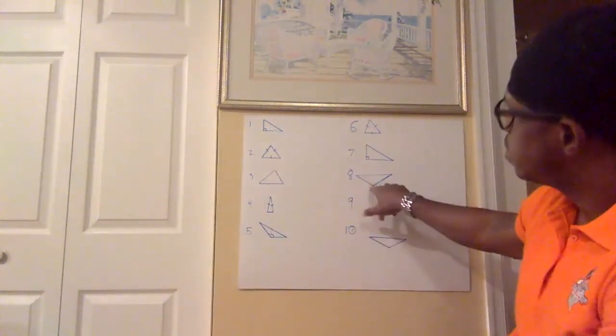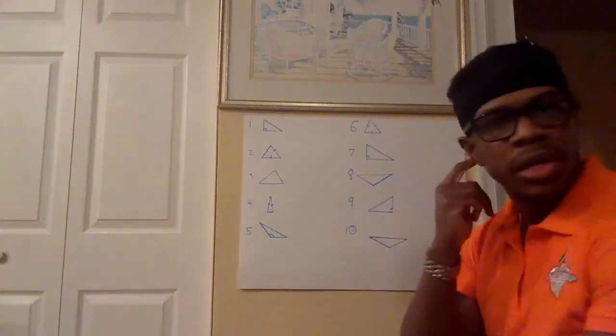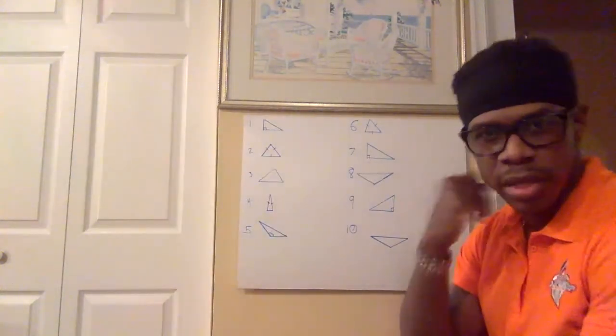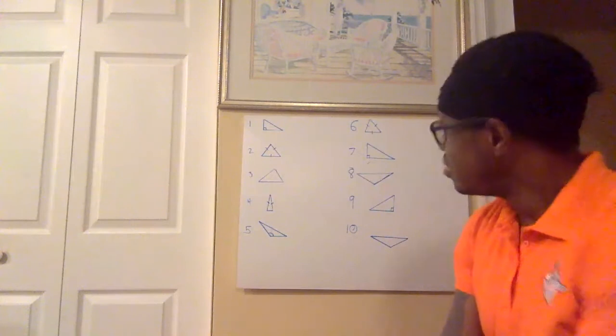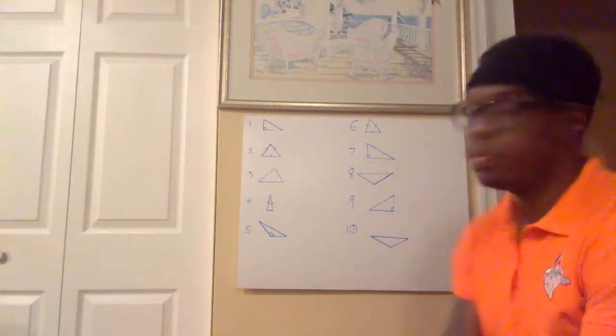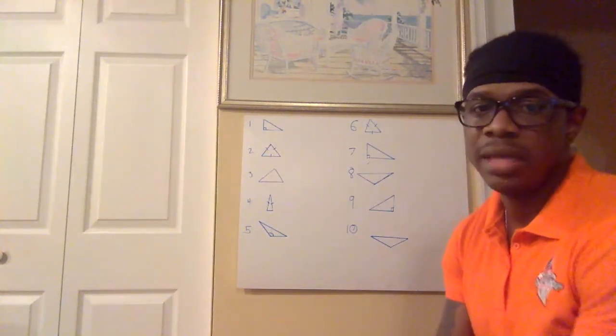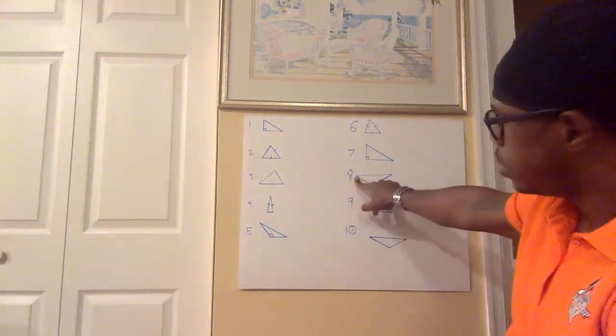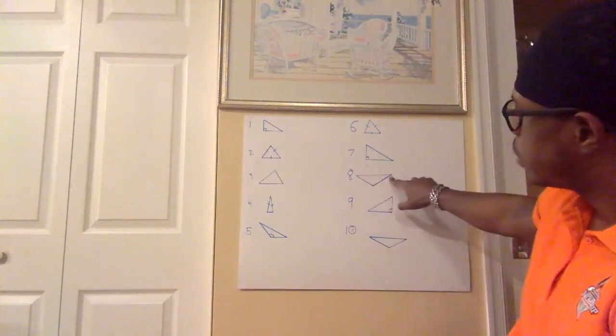Number eight. If I were to say number eight is acute, would I be correct? No, I actually would be incorrect. Number eight is an obtuse triangle. Right here is acute, so that's good. Right here is acute.